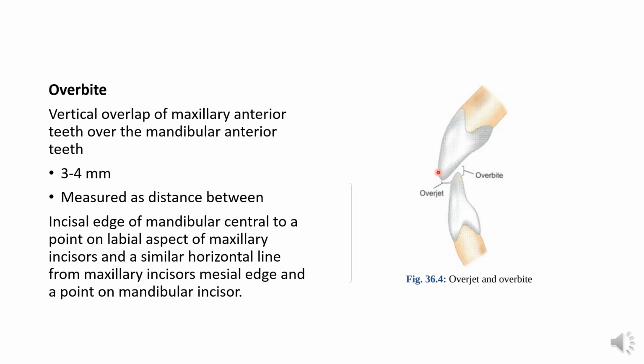Also, a similar horizontal line from the maxillary incisors' mesial edge to some point on the mandibular incisors. This will show you how much overlap is present. One from here and one from here, and you will get your overbite.